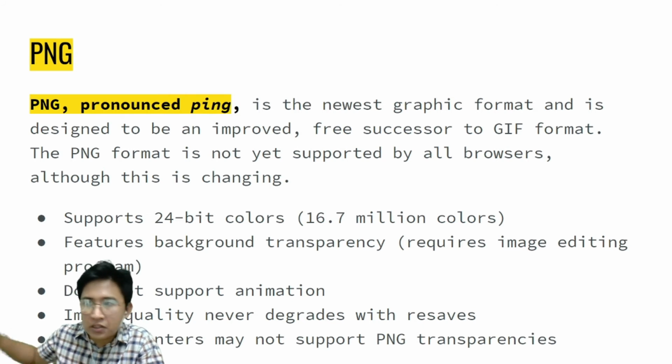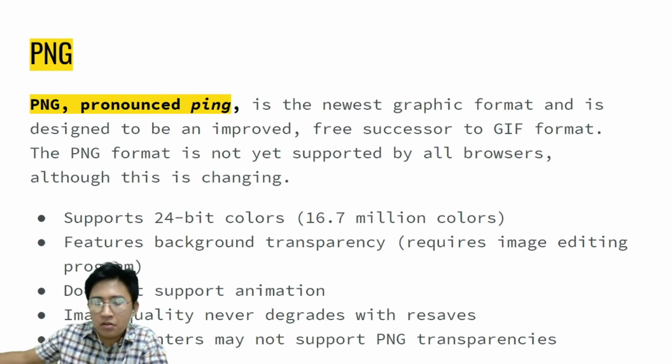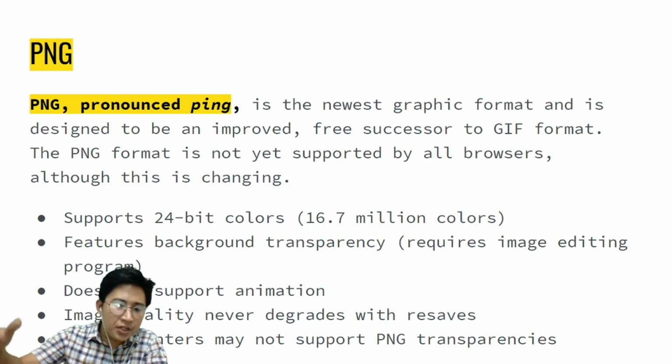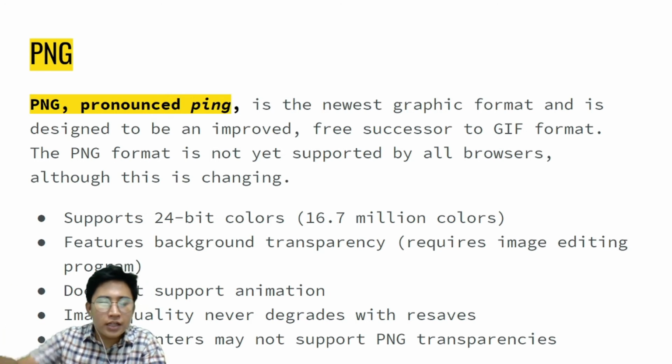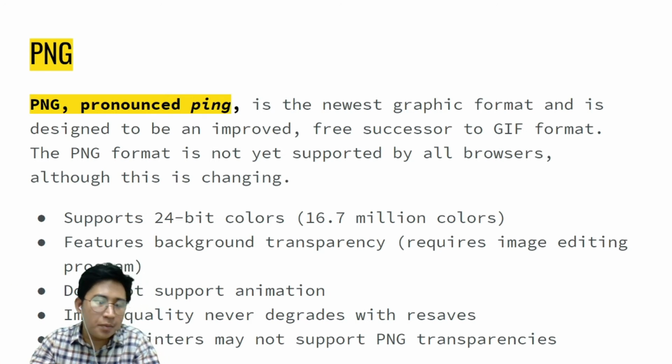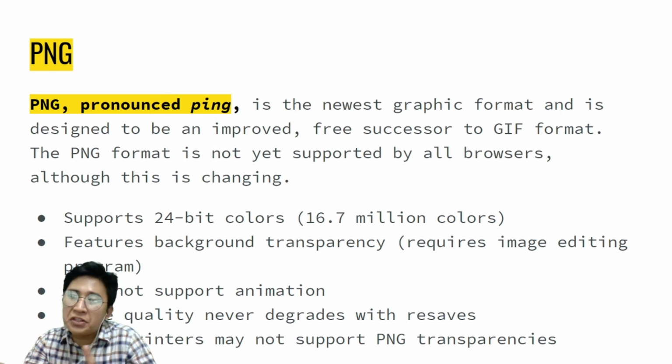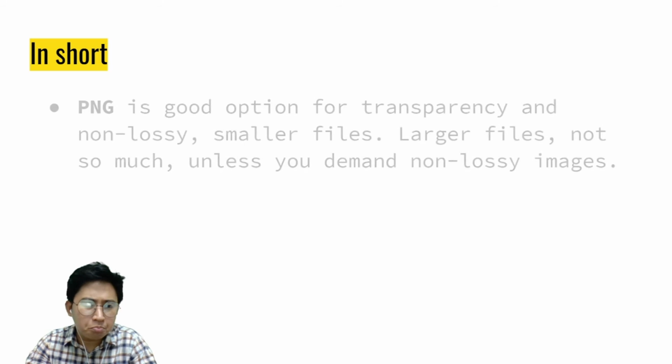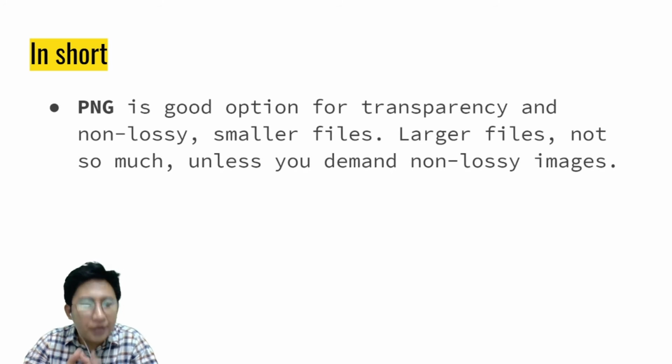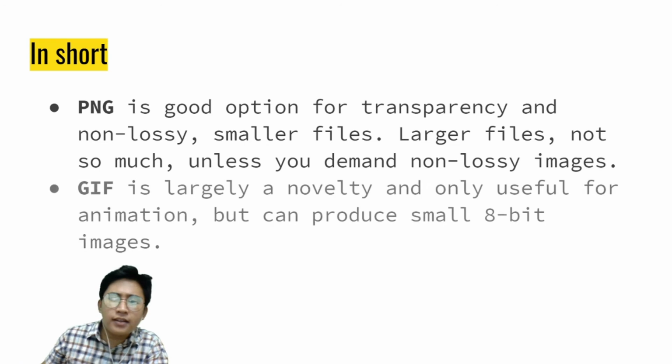If you're using an older printer, I suggest that you do not use PNG, but we're talking about HTML here, so you can use any of those three. In short, PNG is a good option for transparency and non-lossy smaller files. Larger files, not so much, unless you demand non-lossy images.